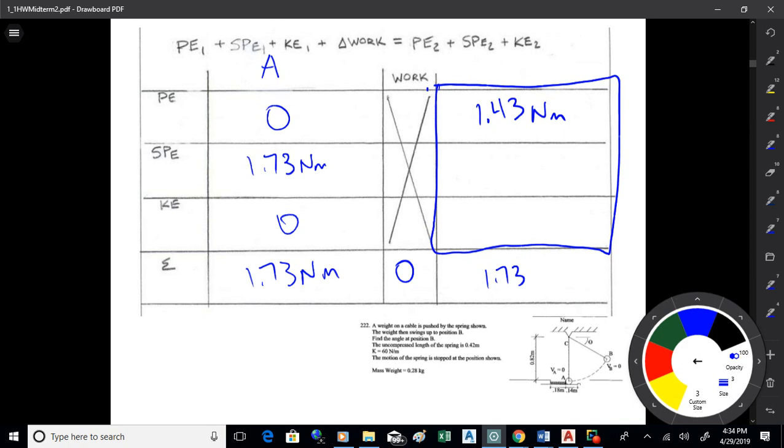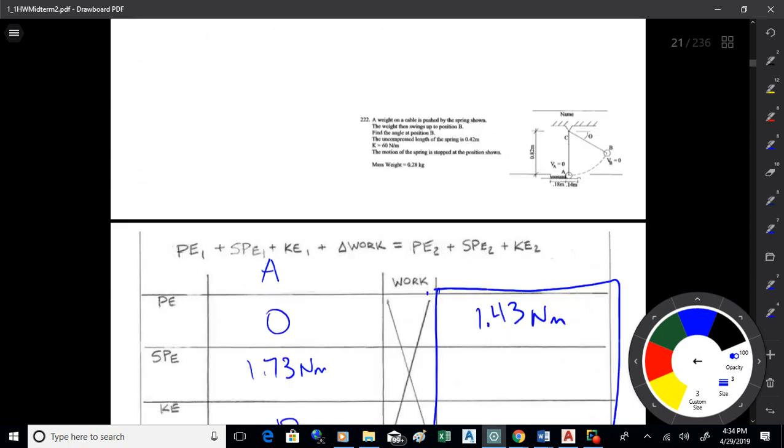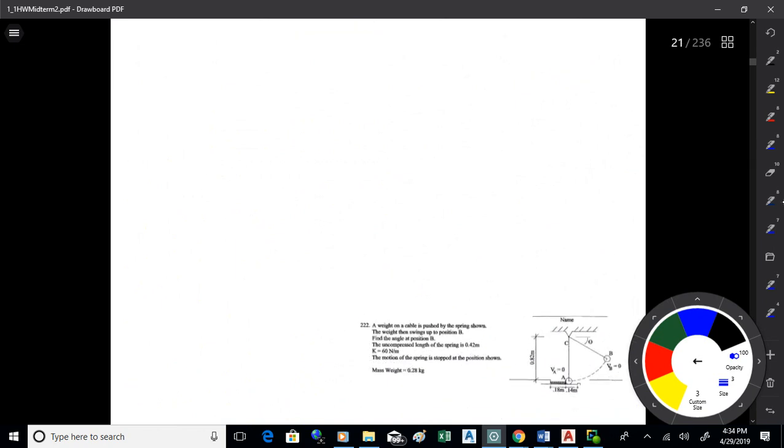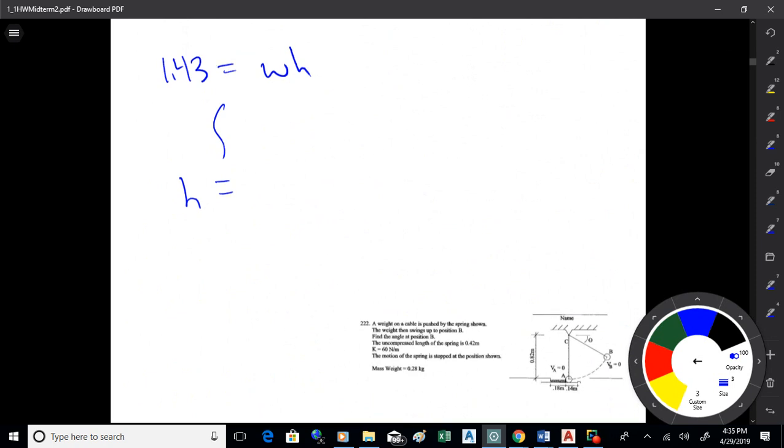So what's going to happen here when you get that number is you're going to set 1.43 equal to weight times the height, and then you can work through that and get the height. That's how this works. And so the height is 0.52 meters. That's how high the ball has gone. Even though it's swinging, it doesn't make any difference.